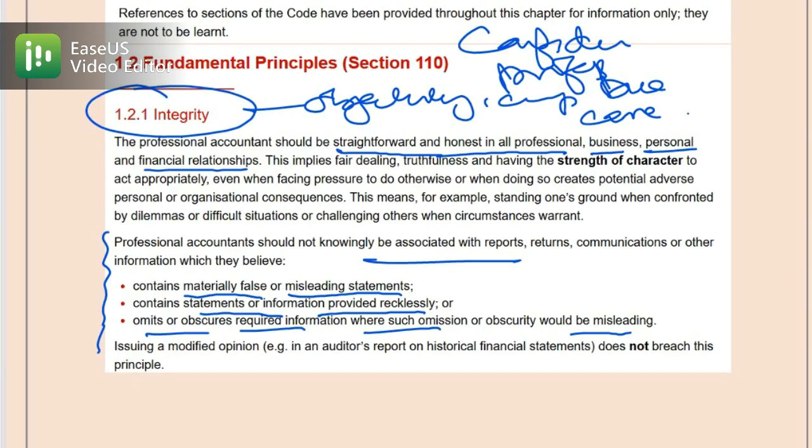That means omitting required information in a way that would mislead someone. So if your client asks you to prepare or sign something that you know is misleading, your integrity is on the line. You either push back or you walk away from the engagement.